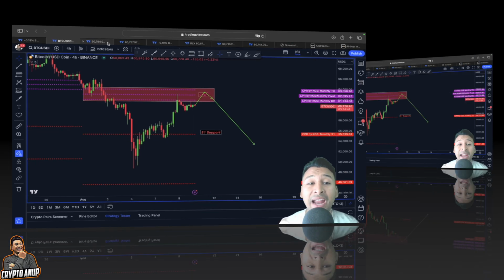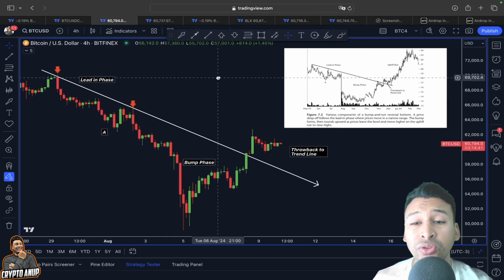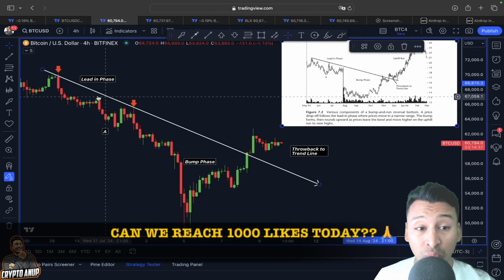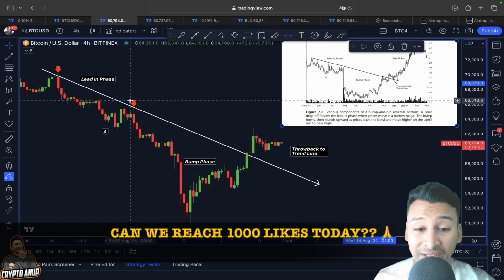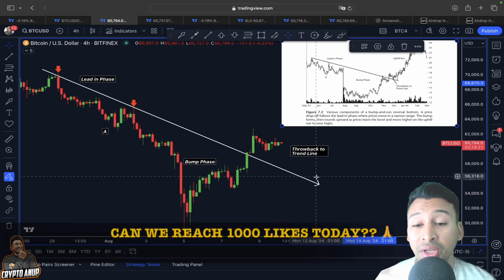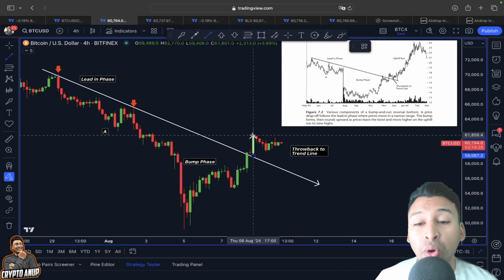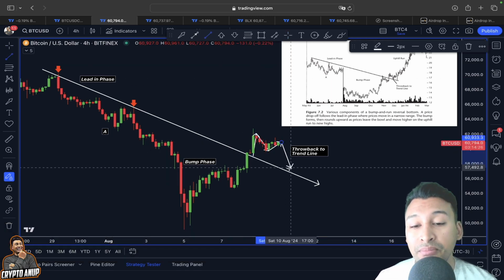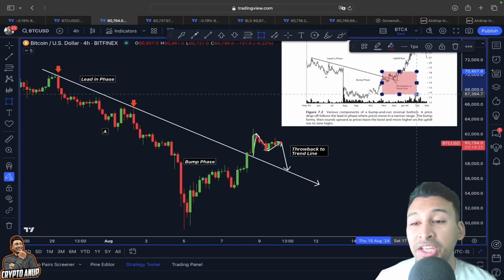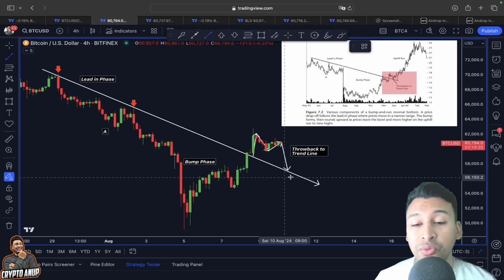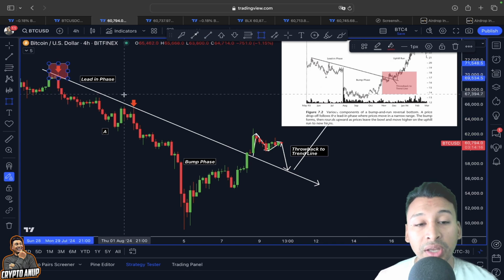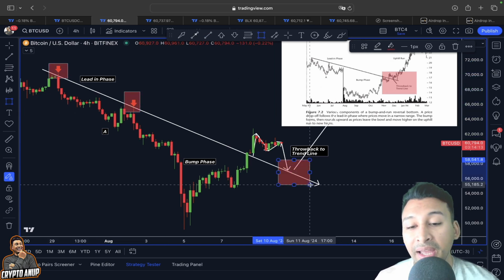And why? Because parallelly, the price of Bitcoin is also following this bump and run reversal bottom type of formation. We have already ended this leading phase, bump phase, and now if this here is going to turn out as a throwback to the trend line, right, a move like this, just like as shown here in an example, you can see after breaking out of this key trend line, price usually gets attracted towards this previous temporary resistance line, which in our case will be acting as support.